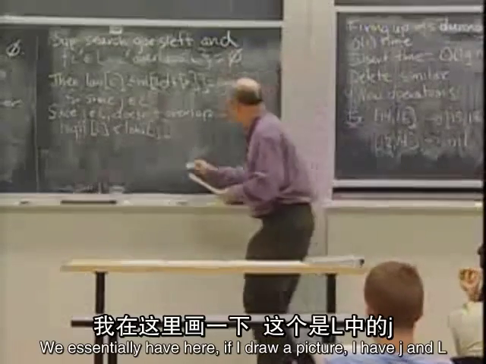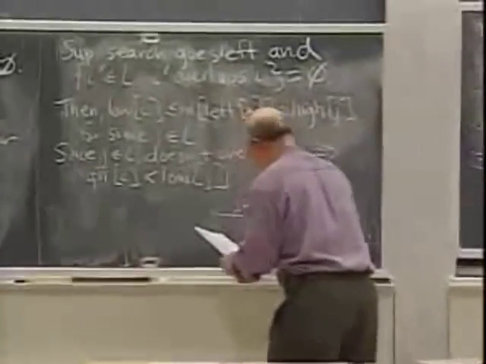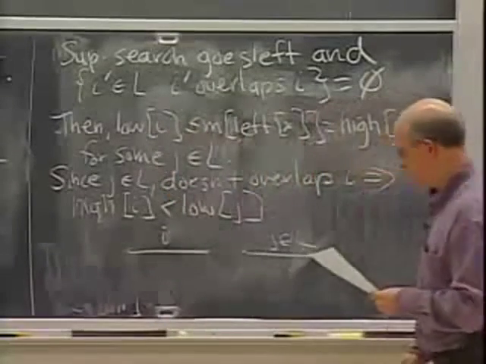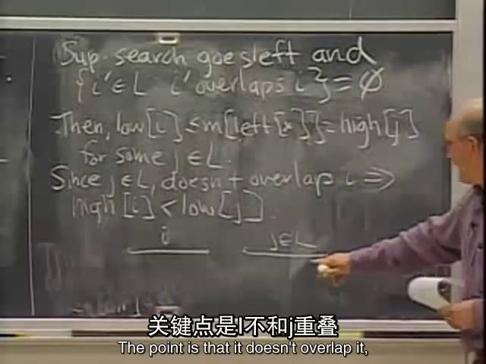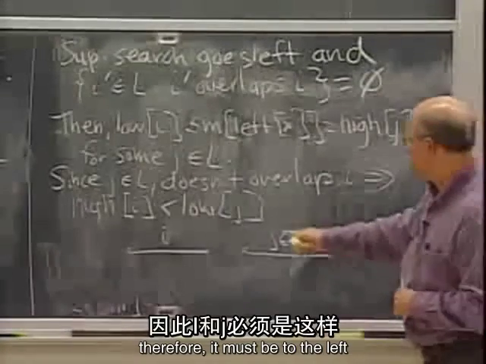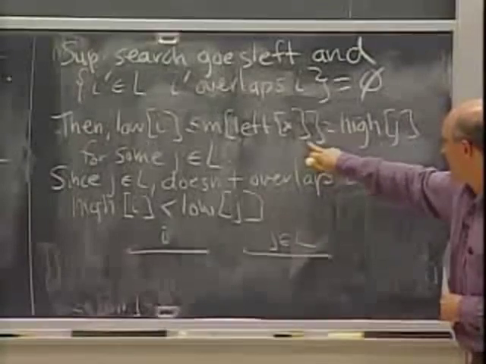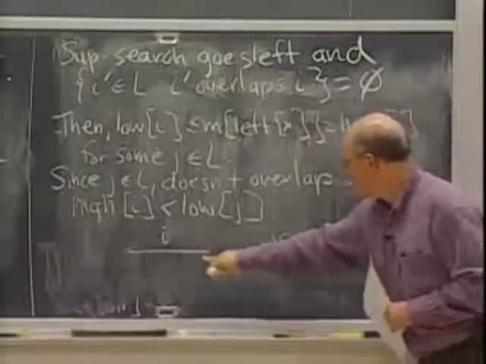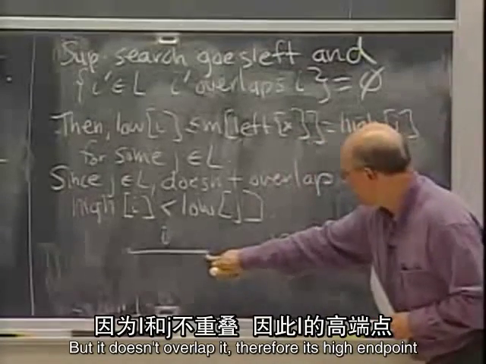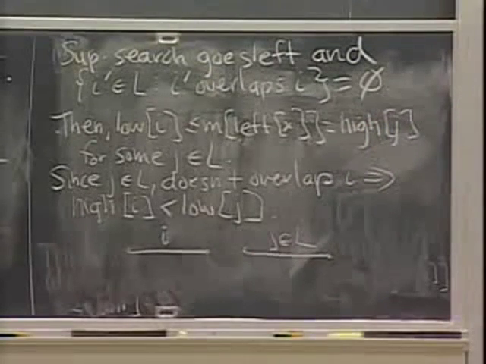So if I draw a picture, I have j in L, and I have I here. And the point is that it doesn't overlap it. So therefore, it must be to the left, because its low endpoint is less than this, but it doesn't overlap it. So therefore, its high endpoint must be left of the low of this one.